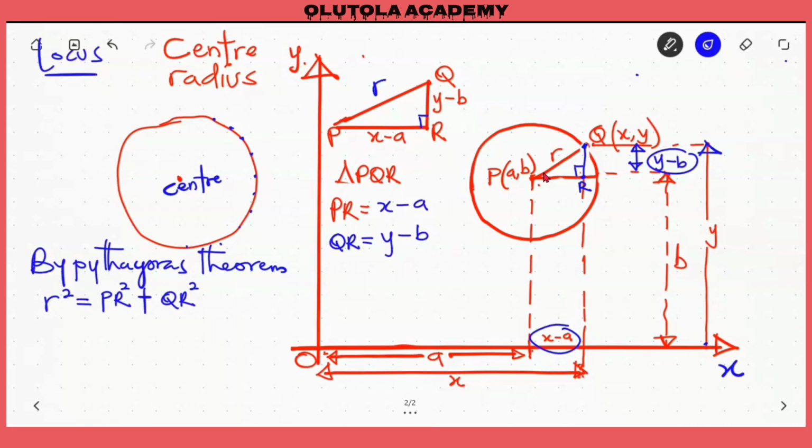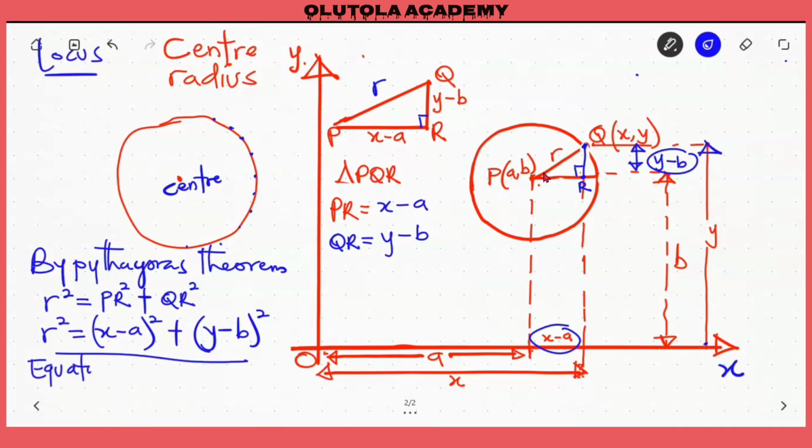That's Pythagoras theorem. So we have our PR to be (x minus a) squared, and we have our QR to be (y minus b) squared. So this equation is what we call the equation of a circle with center (a, b) as given here, and radius r.